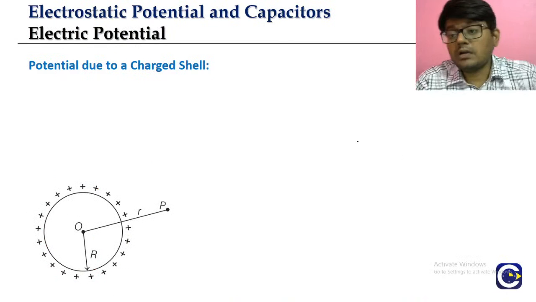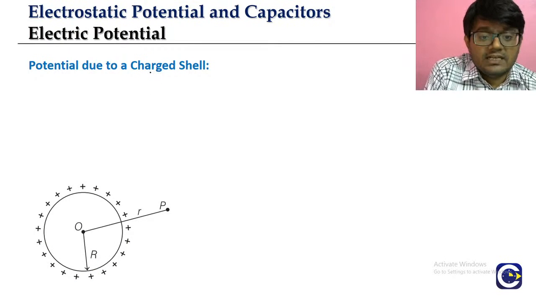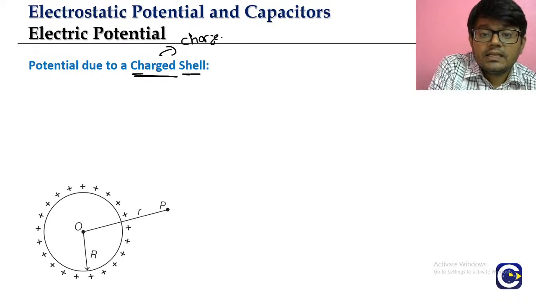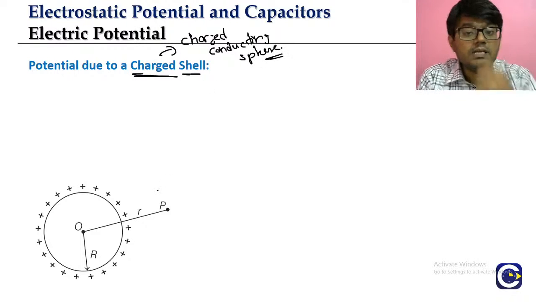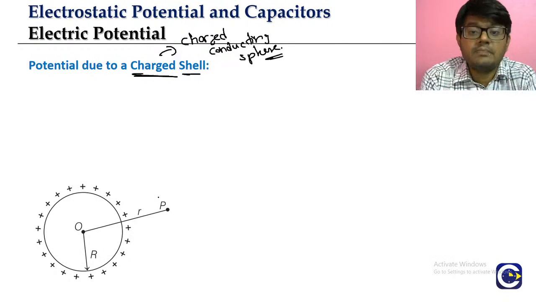After that we talked about the charged spherical shell. The equivalent is a charged conducting sphere, because the behavior of the shell and the conducting sphere is the same.